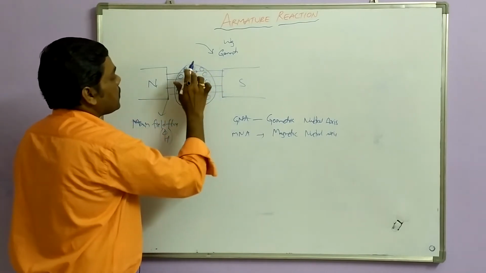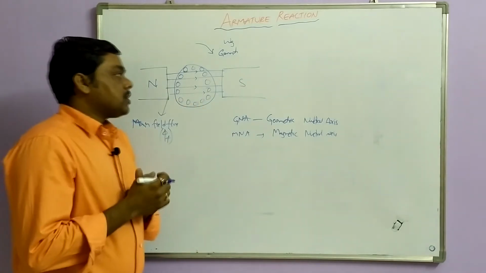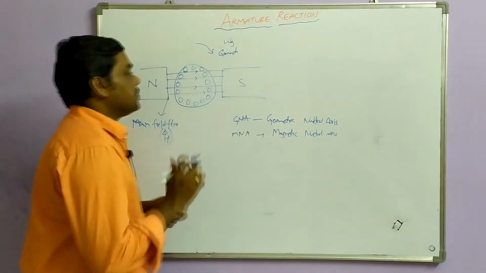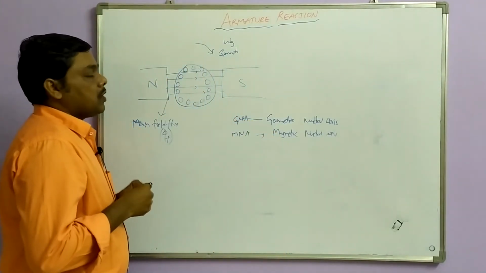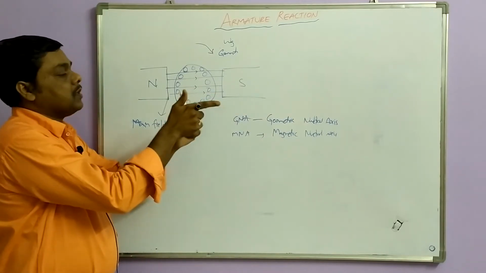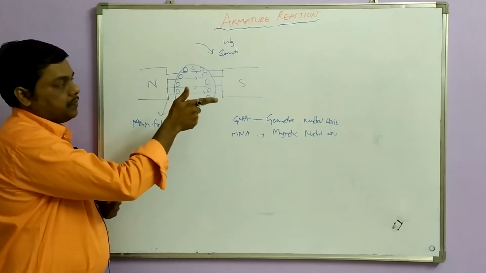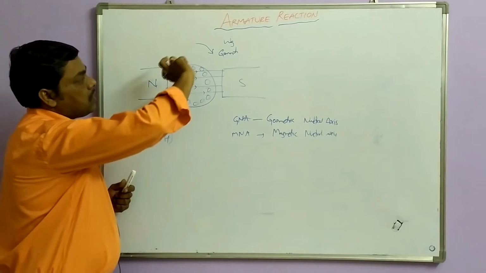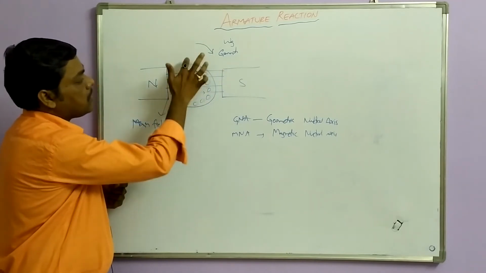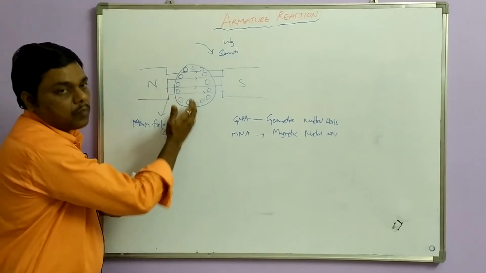We already studied that as per Fleming's right hand rule, you place your right hand thumb, forefinger and the middle finger in the flux direction. And this generator is rotating in clockwise direction. So what is the effect on these conductors? These conductors are affected by a force in upward direction.